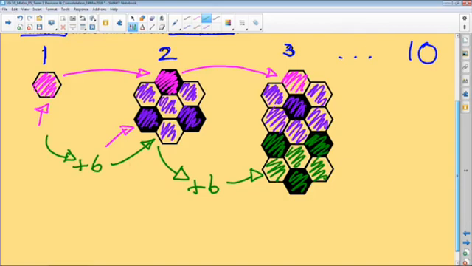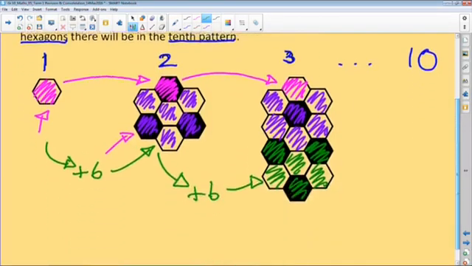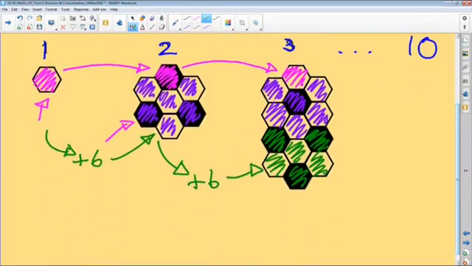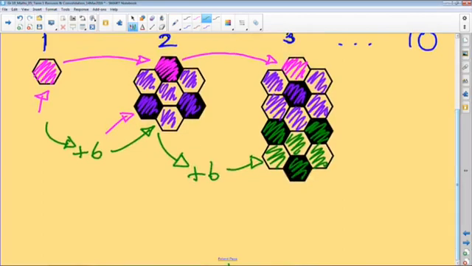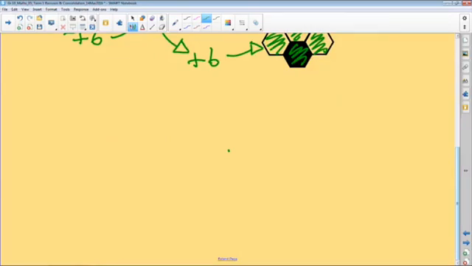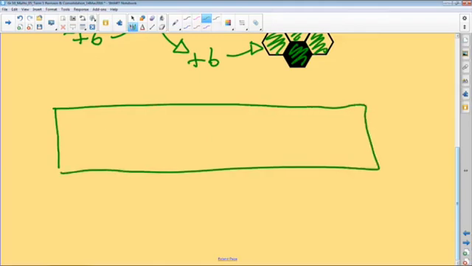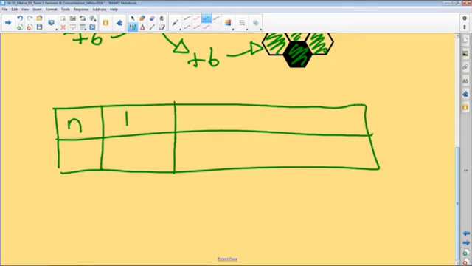Okay, and I'm going to start by drawing my table. And you'll remember that I did a table in the number patterns work as well. The table will contain the number of terms plus the value of the terms. So n, and we've got pattern number 1, pattern number 2, and pattern number 3, and the value of the terms.